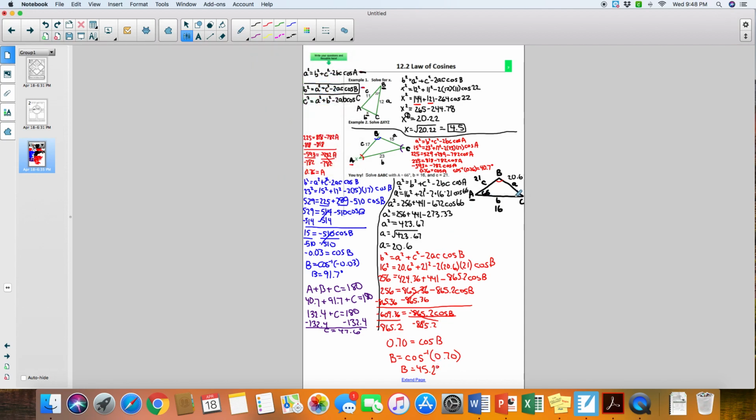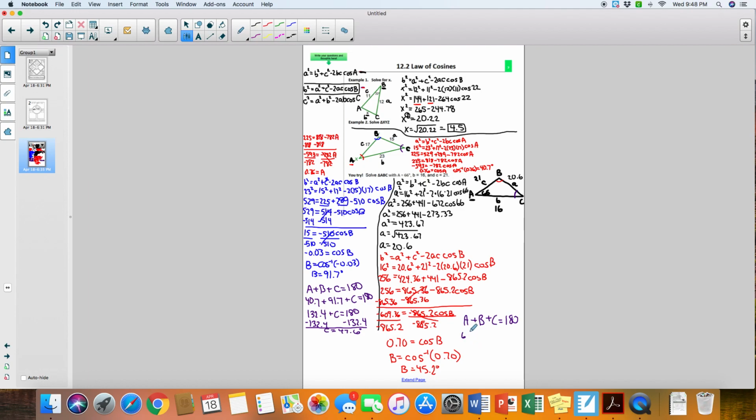To find the last angle, angle C, remember I don't have to use law of cosines anymore because I do have two of the three angles. Triangle sum theorem tells me that angle A plus angle B plus angle C is 180.